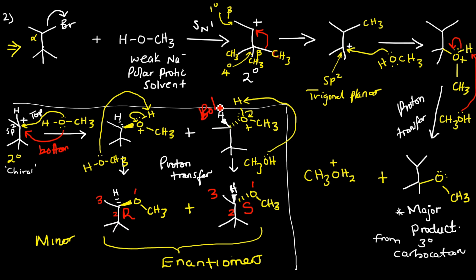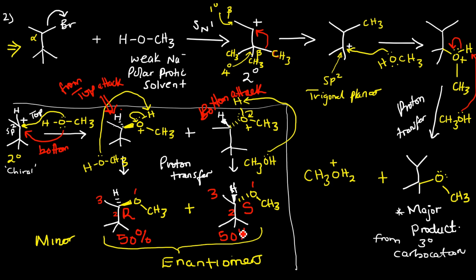So this was from the bottom attack, and this was from the top attack, right? This product here came from the top attack. And who is attacking? The nucleophile, the methanol. So you have equal chance. That's why the final product will be 50-50 in amount.